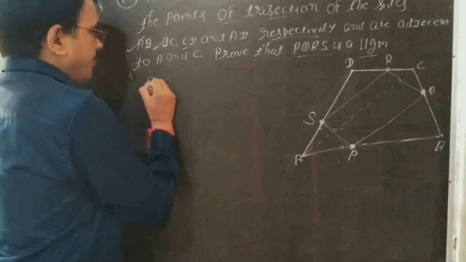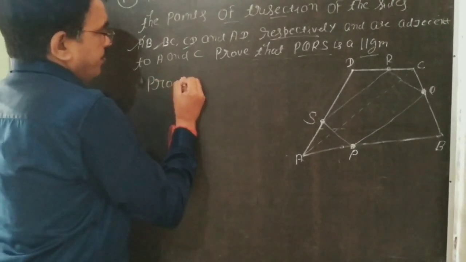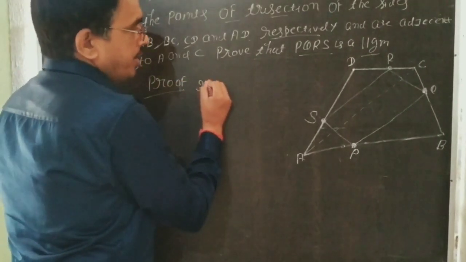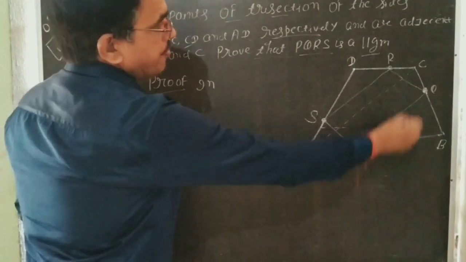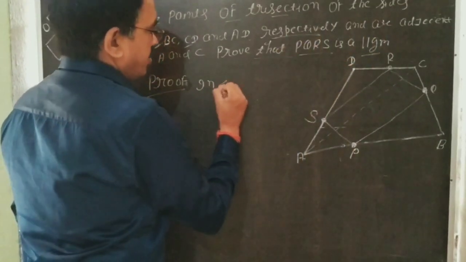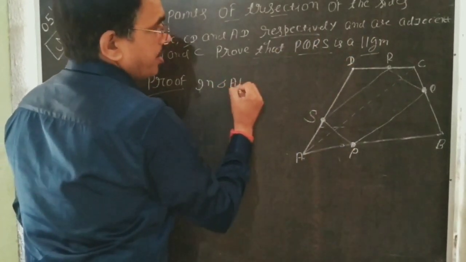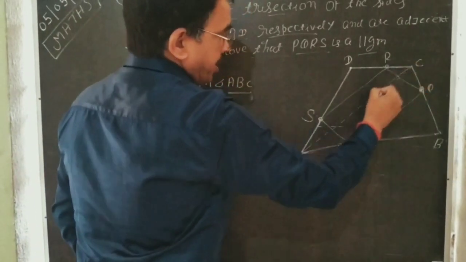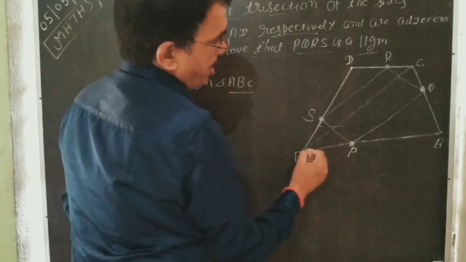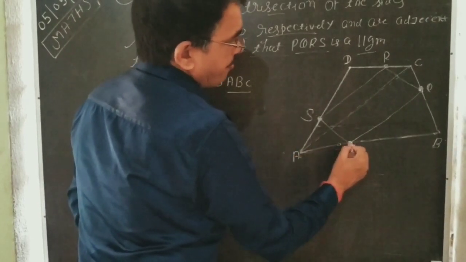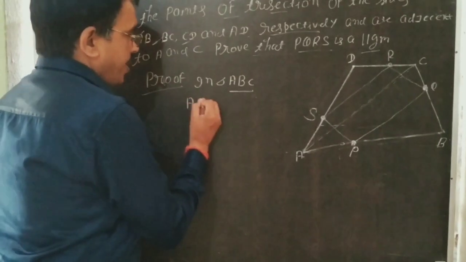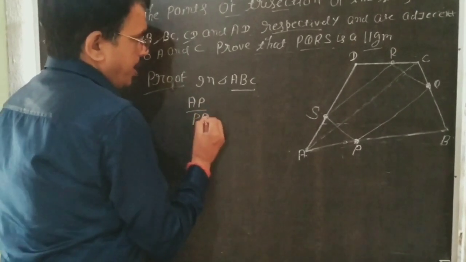So in this question, in the proof, you write: in triangle ABC, this is the base, and this part AP by PB. AP by PB is a trisection.